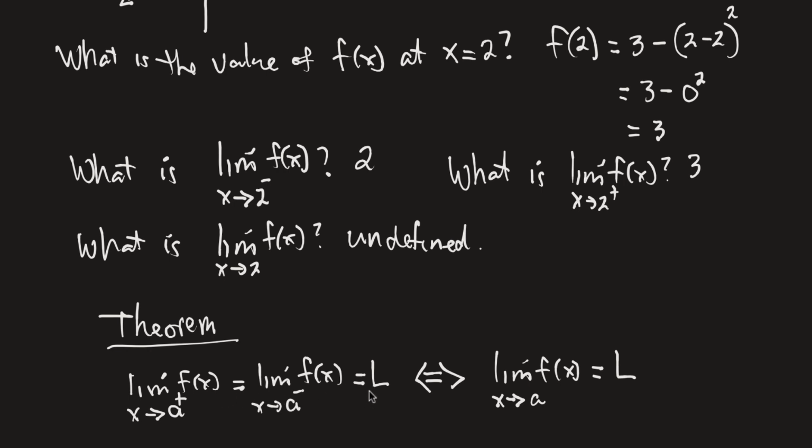And this just formalizes what we saw in a previous video, that in order for us to conclude that the two-sided limit exists, both one-sided limits would have to be equal to the same number. If they don't equal the same number, then we would say that the two-sided limit is undefined, and that's what we saw in our piecewise example here, right?